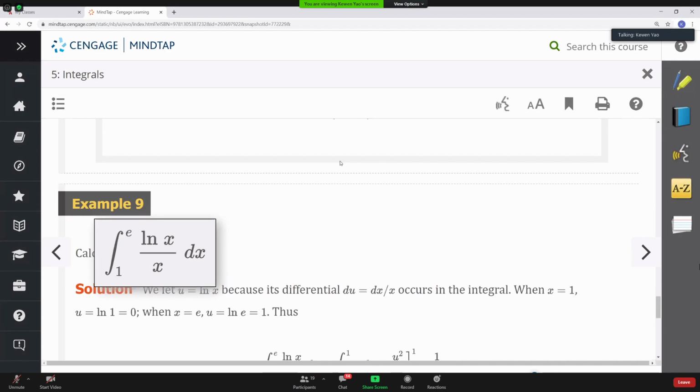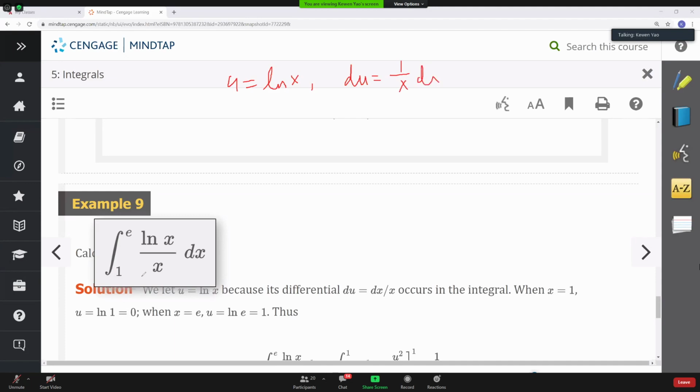Okay, I guarantee that it works. So what's the deal? You have to find du, the derivative times dx. The derivative of ln x is 1 over x, times dx, don't forget.